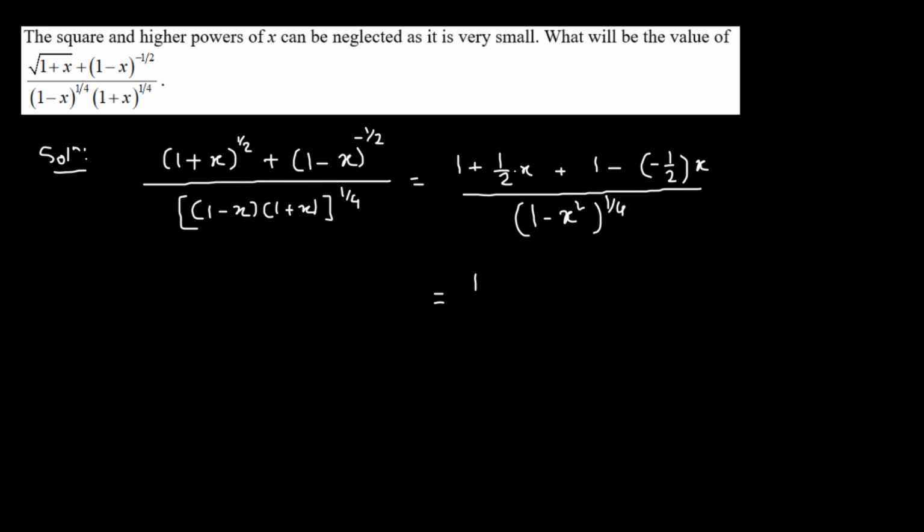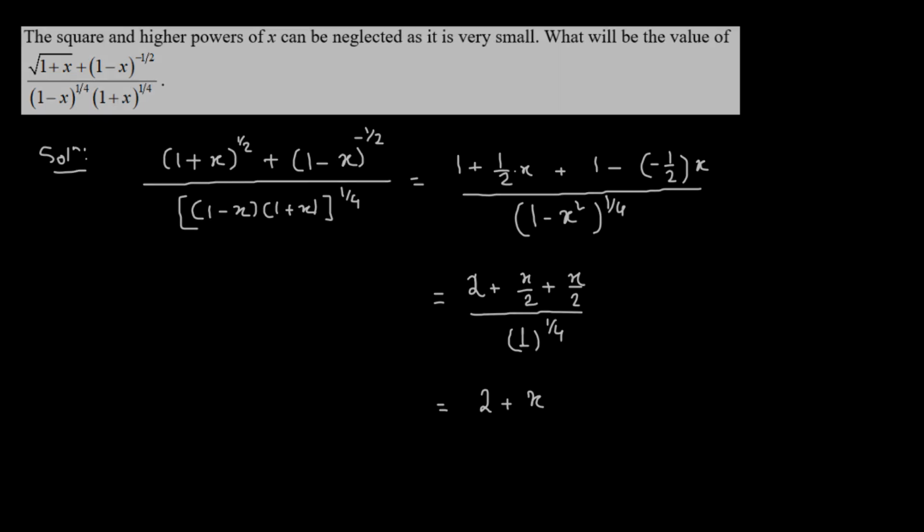So we have 2 plus x over 2 plus x over 2, whereas in the denominator we only have 1, as we have to neglect the higher powers of x, which is x squared. So 1 raised to the power of 1/4. So we have in the numerator 2 plus x over 2 plus x over 2 gives us x. And in the denominator we have 1. So this is the final value.